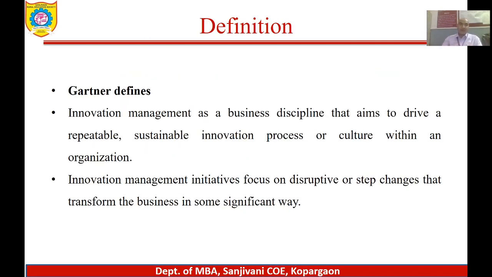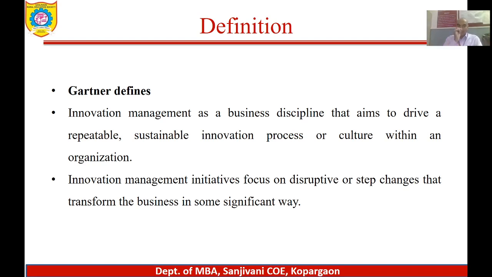Now, there are a few definitions that we are going to see. First, the author Gartner. Gartner is a famous author in the field of management. He has defined innovation management as a business discipline that aims to drive a repeatable, sustainable innovation process or culture within an organization.